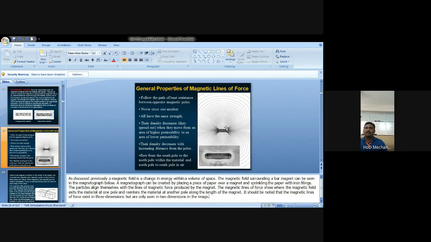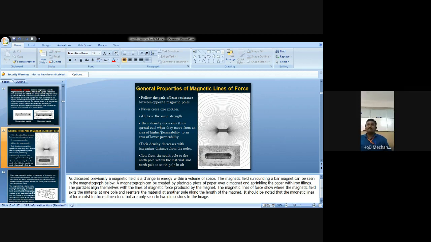One line never crosses another magnetic path. All of the magnetic paths have the same strength. There are no various strengths allowed.